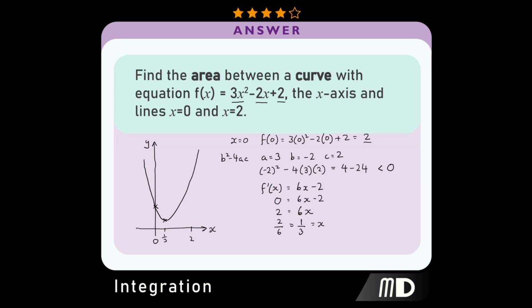Now, we're finding the area under the curve between x equals 0 and x equals 2, which is this shaded area here. So in the next step, we're going to integrate this function to find that area.